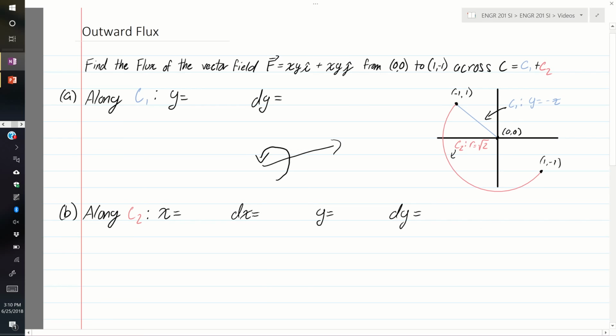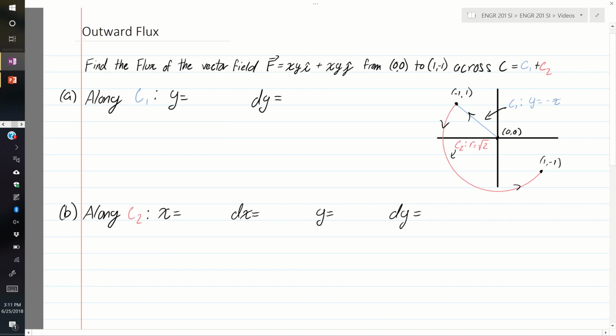So in this case, when they say outward flux, they mean out of the page, and if it's out of the page, then we stick our thumb upward and we see the direction of our hand, and our hand is going counterclockwise. So that means we go counterclockwise as well about the points. So when we go around this wire, or these equations, we have to go in a counterclockwise direction.